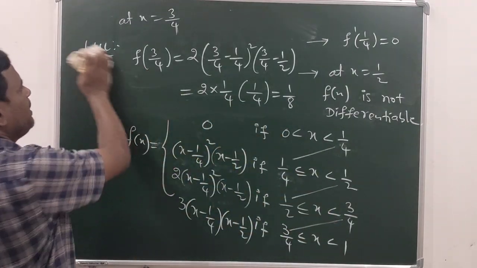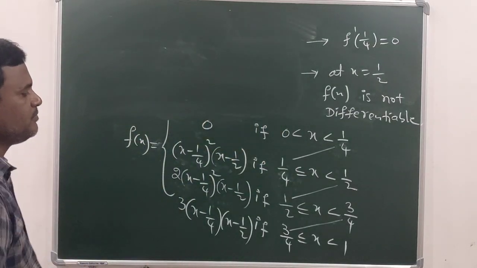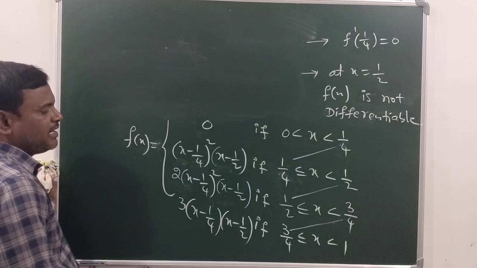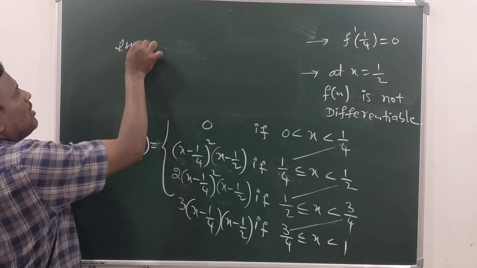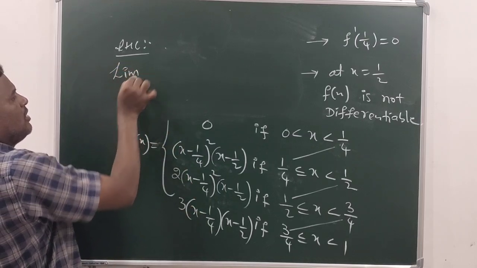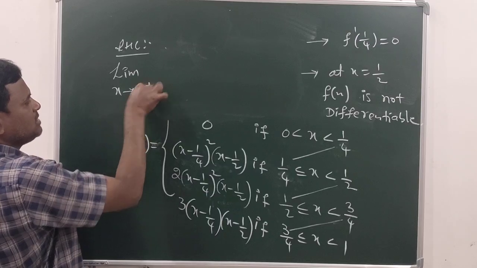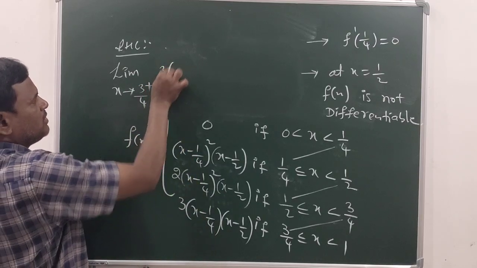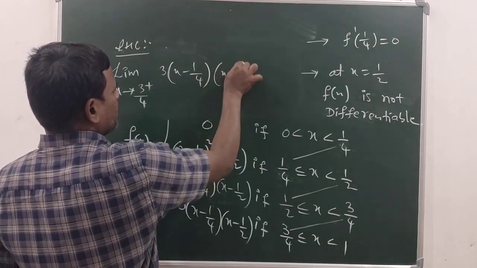Now check the right hand limit. At the right hand limit, how much do you get? Prefer this function: limit x approaches 3 by 4 plus, take this function, 3 into (x minus 1 by 4) and (x minus 1 by 2).